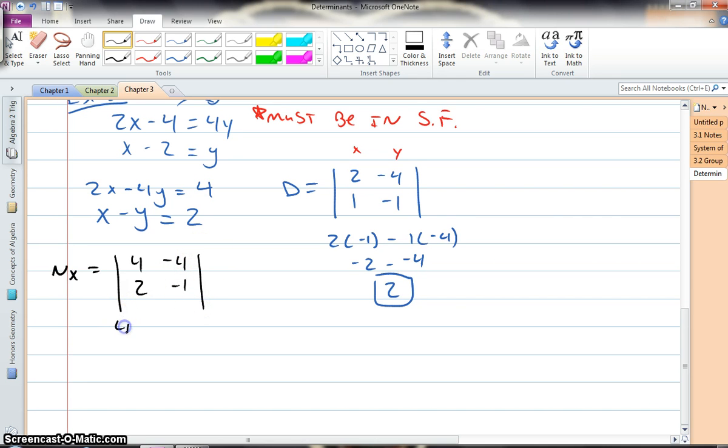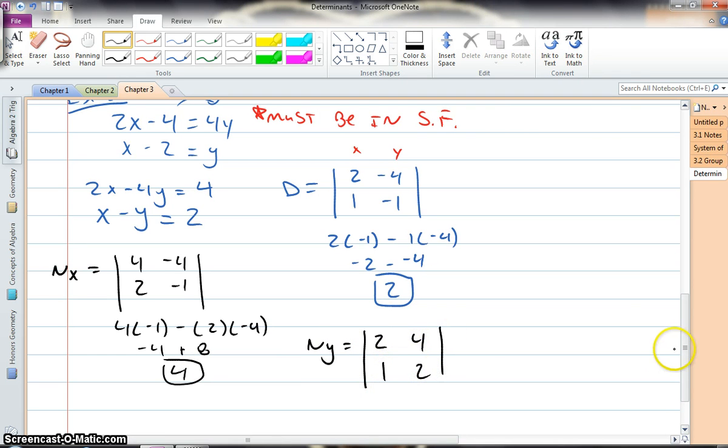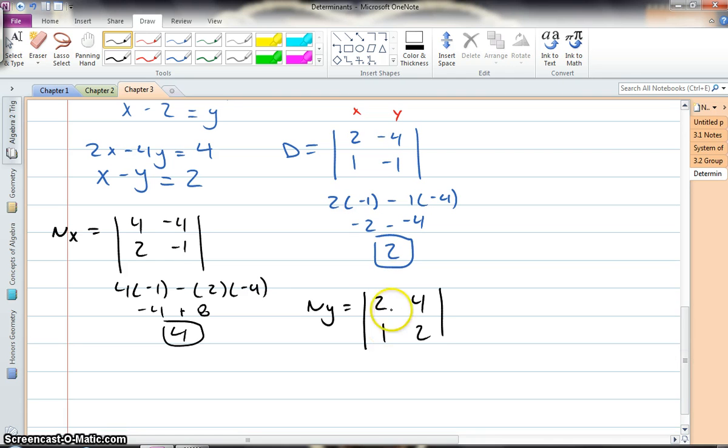Find the determinant. 4 times negative 1 minus 2 times negative 4 gives me negative 4 plus 8, which is just 4. And then the numerator y: x's stay home, y's are replaced with your constants. 2 times 2 minus 1 times 4. 4 minus 4 is 0. That's weird.